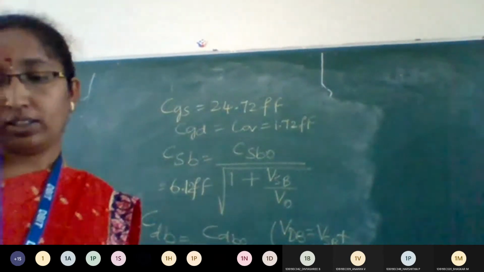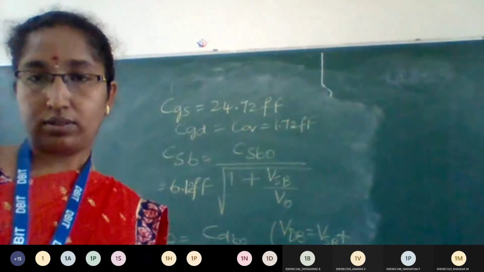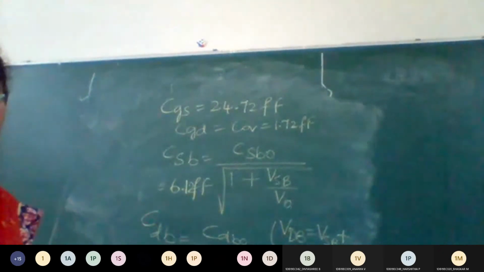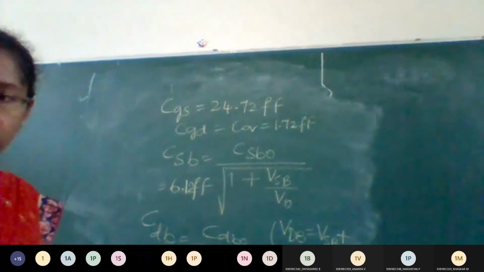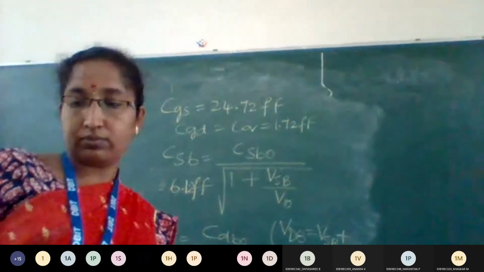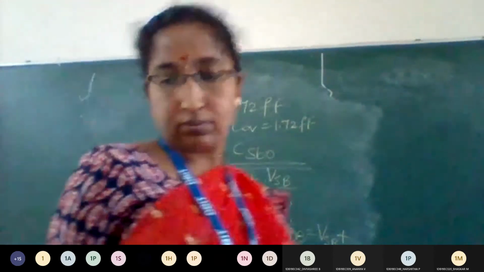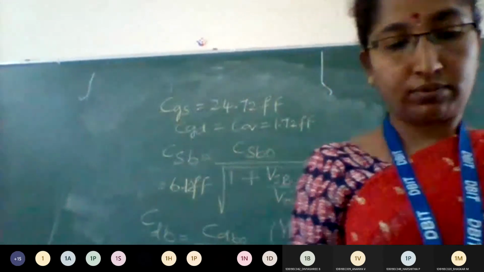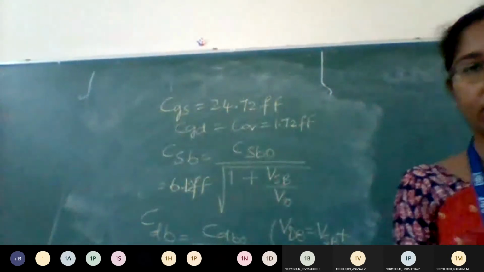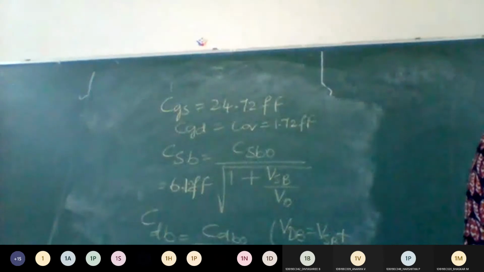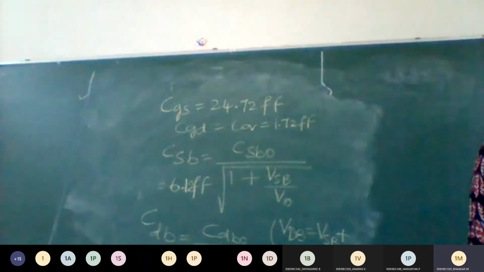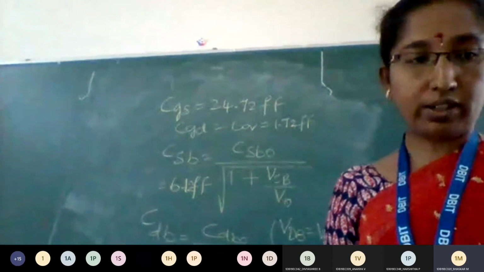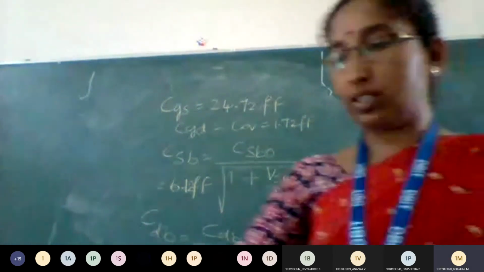VDB is 3, and V0 is 0.6. Ma'am, CDB is 4.1 FF.